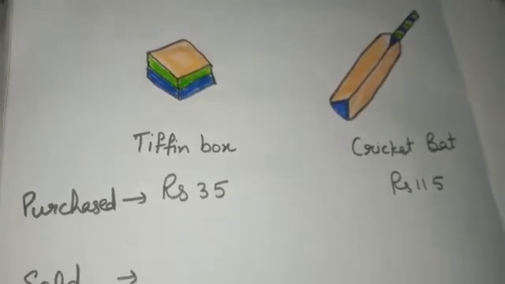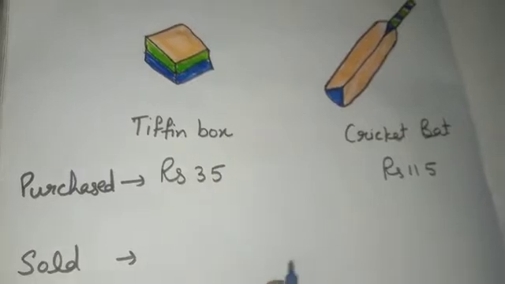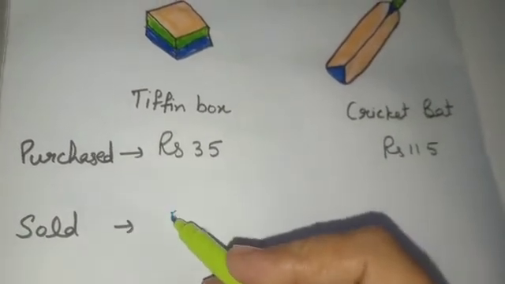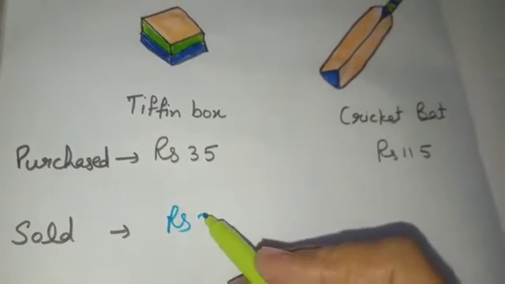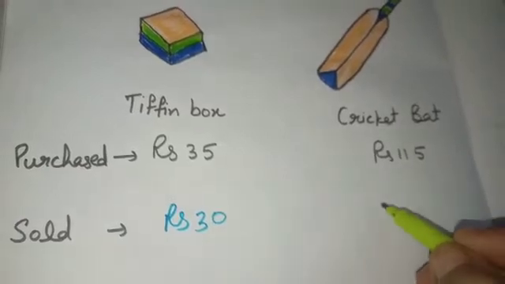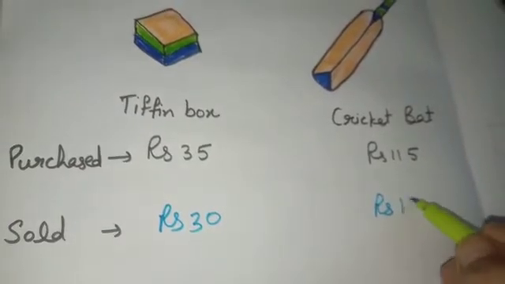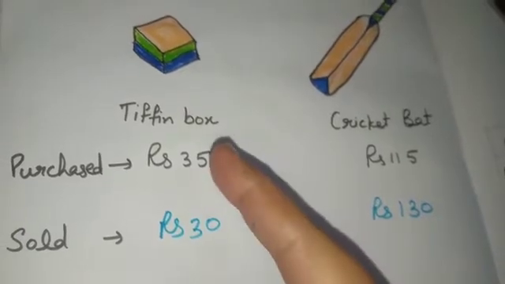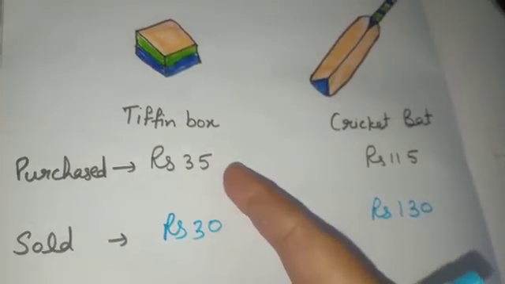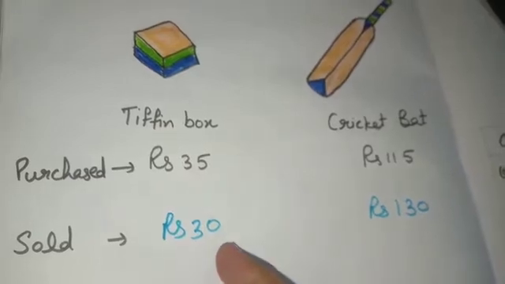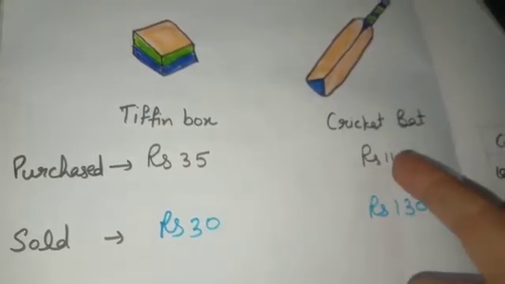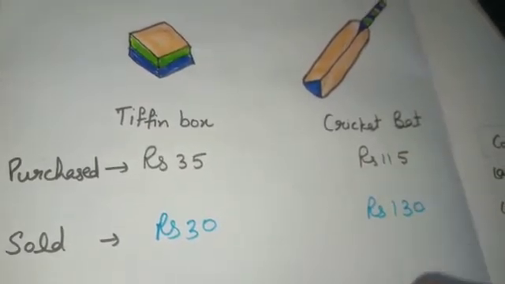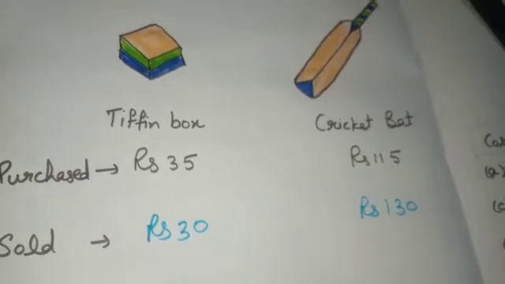And at his shop, he sold the tiffin box, due to some defect in it, at rupees 30 and the cricket bat at rupees 130. Now, the tiffin box was purchased at rupees 35 but sold at rupees 30. The cricket bat was purchased at rupees 115 but sold at rupees 130.